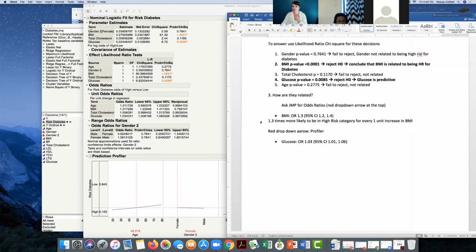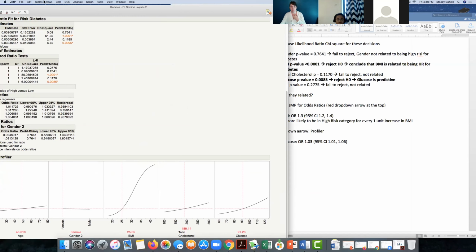Our odds ratio is telling us as we go from 25 to say 26, I'm 1.3 times more likely to be high. That's what our odds ratio tells us, and that's what this line is showing us, right? As we go up and down BMI, our risk of being high changes. That's why I really like the profiler.